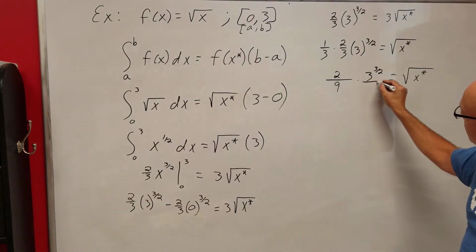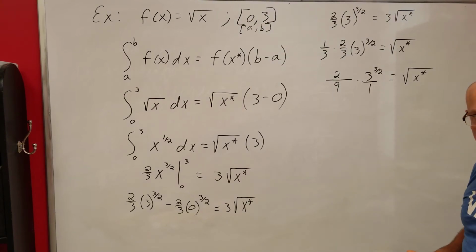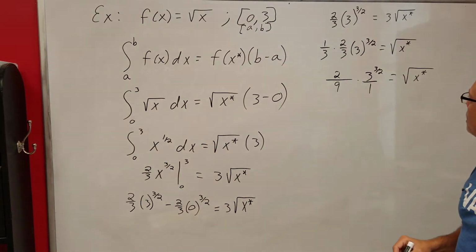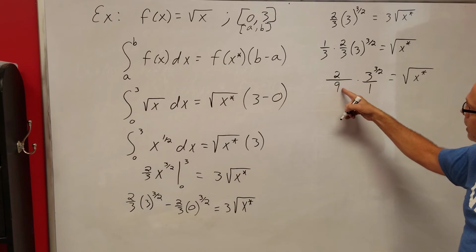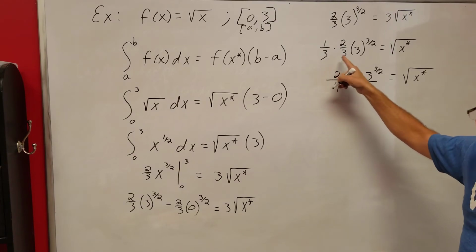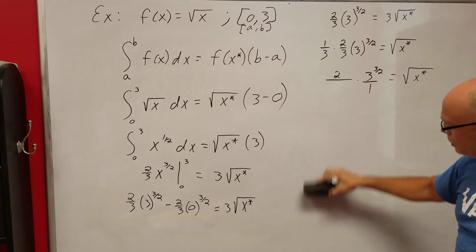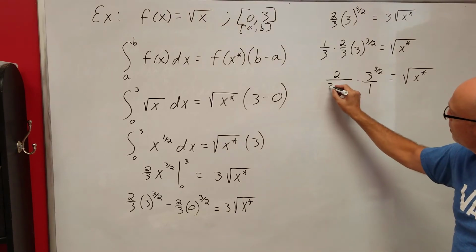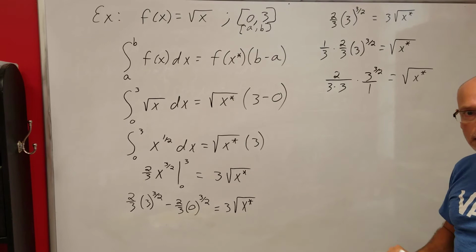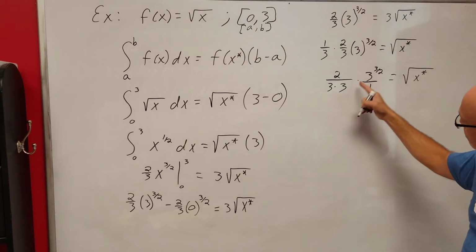Now let's look at putting this 3/2 over 1. Now let's think about this for a second. Instead of putting 9 there, 3 times 3 is 9, what I could do is put just 3 times 3 here, and it might make the simplification process easier.